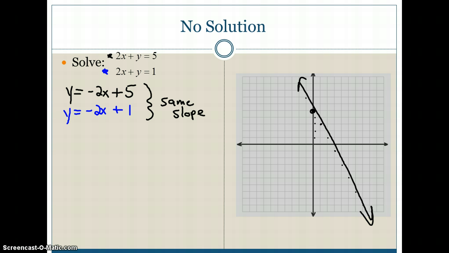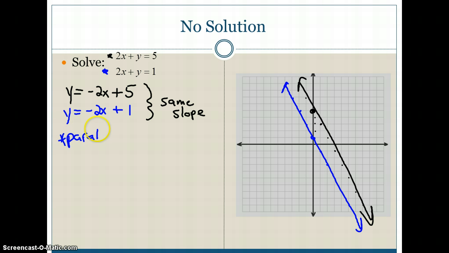Line looks like that. Other line, y-intercept is 1. We plot it. Same thing, down 2, right 1. And we take a look at those two lines.